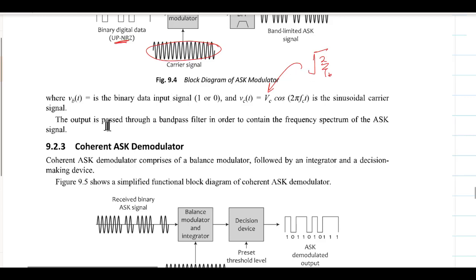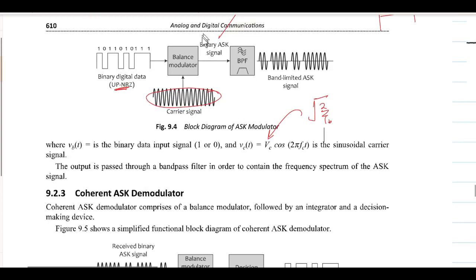The output is passed through a bandpass filter. So this output, the one that you are receiving, is going to be passed through a bandpass filter, and that bandpass filter is generally used to remove high frequency components. The objective of the bandpass filter is simply to contain the frequency spectrum of the ASK signal.